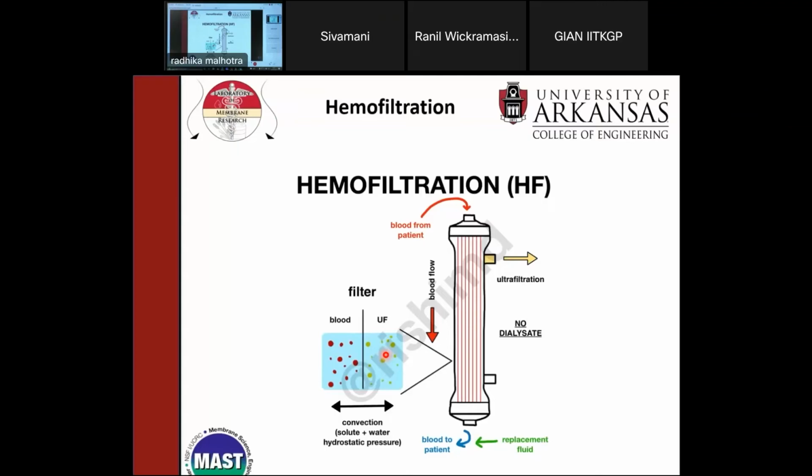Otherwise, the osmolality of the blood will change, and you'll be losing essential amino acids. So hemofiltration is good if what you want to remove is a mid-molecular weight species. But you need to worry about the replacement fluid and making sure that you don't cause more problems for the patient.